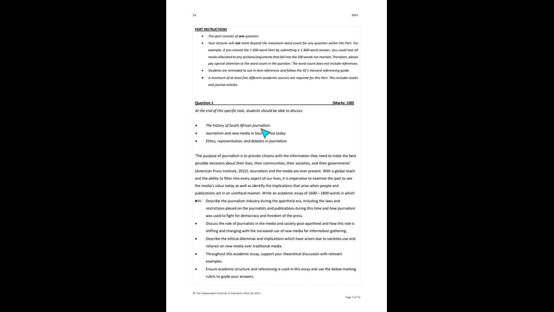Okay, so you have got a word limit. Just to put it into perspective, this is an academic essay, and it's 1,600 to 1,800 words.